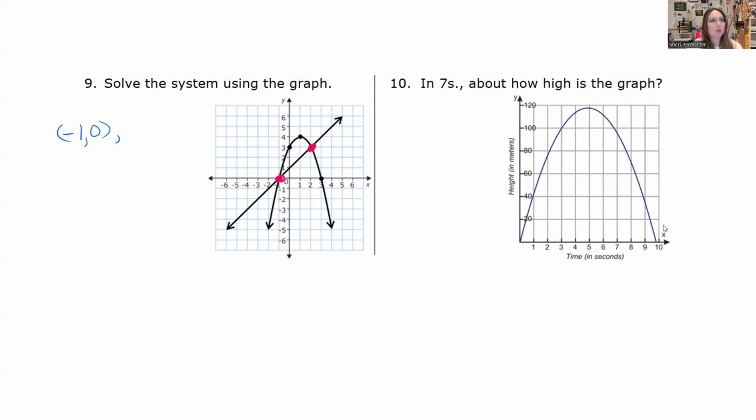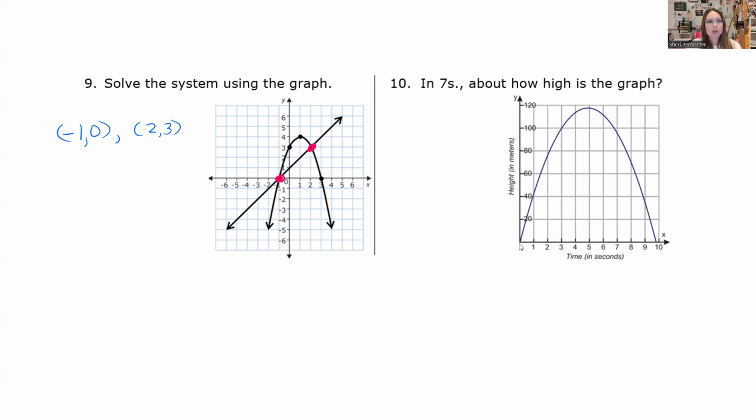And then I have one more point. What's the name of my second point? 2, 3. So you have to name the points where they intersect. That's it.